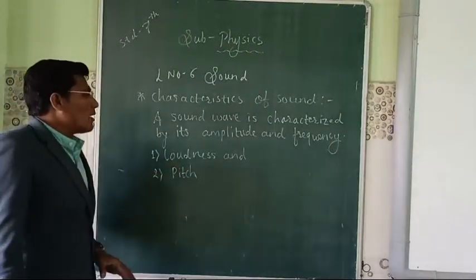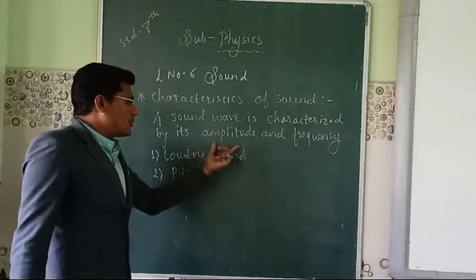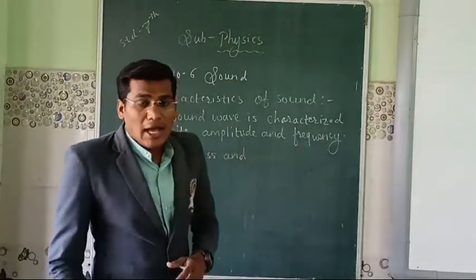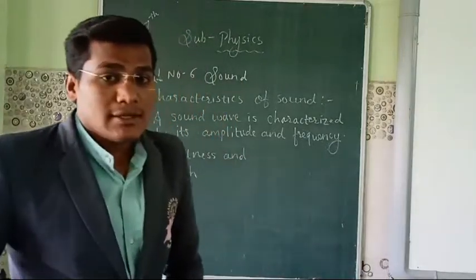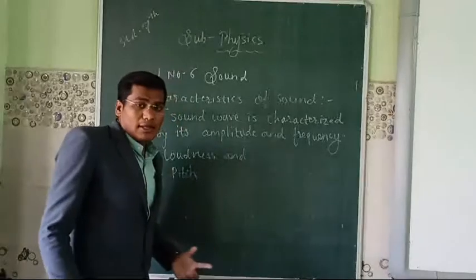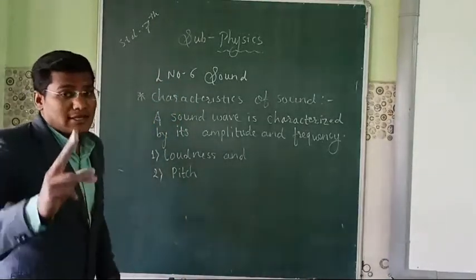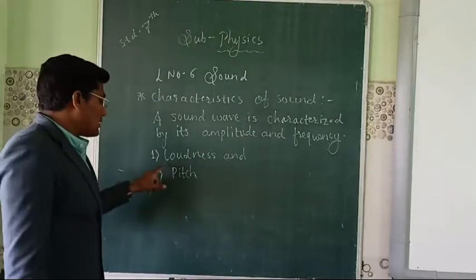The sound is characterized on the basis of its amplitude and its frequency, and depending upon the amplitude and the frequency of that particular sound, we can distinguish two characteristics, loudness and pitch.